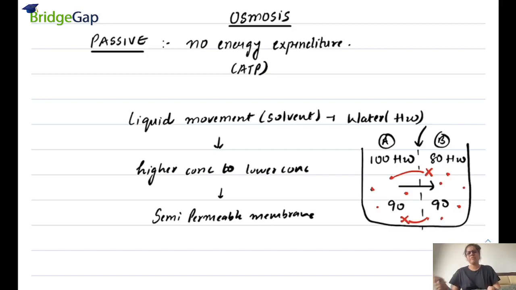So what I said was osmosis is liquid movement, or universal solvent water movement, from higher to lower concentration via a semi-permeable membrane, a kind of membrane which will not allow any solute molecules. Only solvent molecules can cross the membrane. Clear? Keep that in mind because now you will be answering some of my questions.